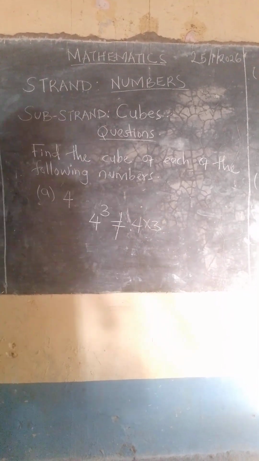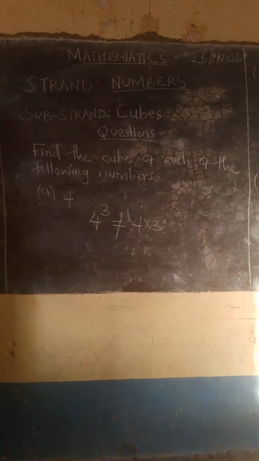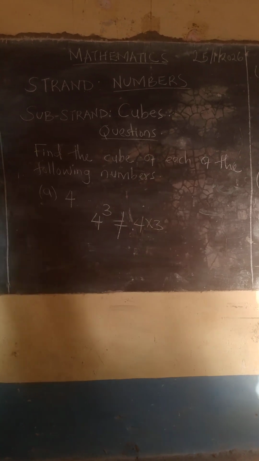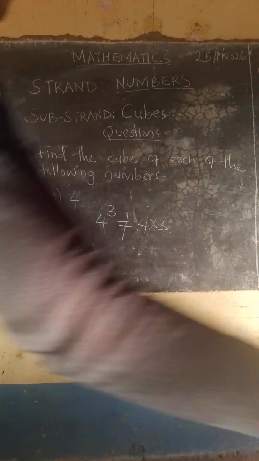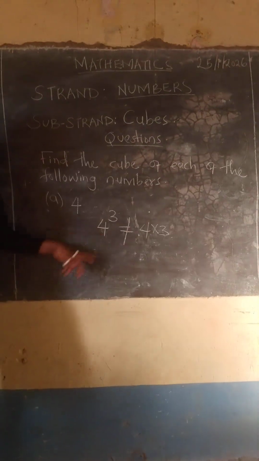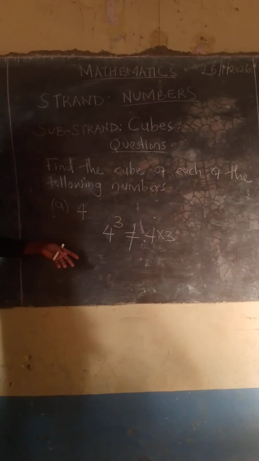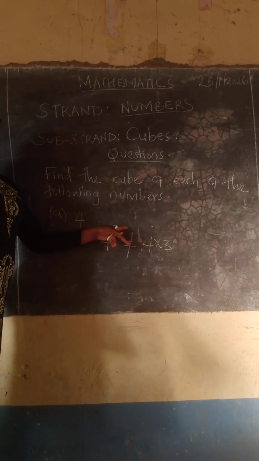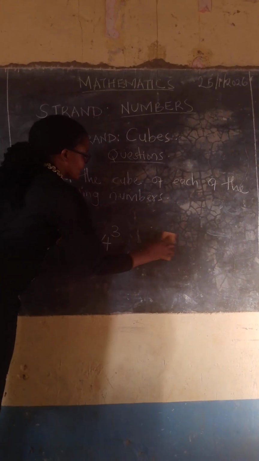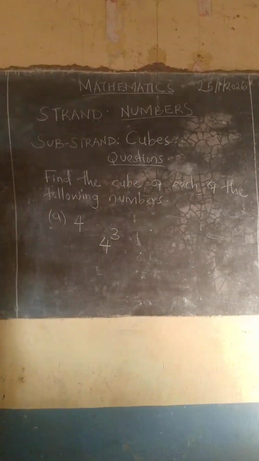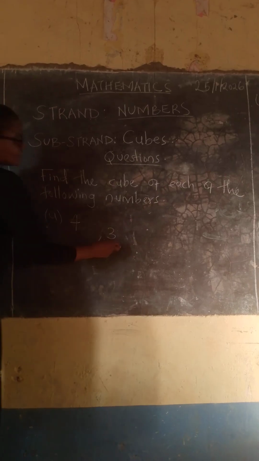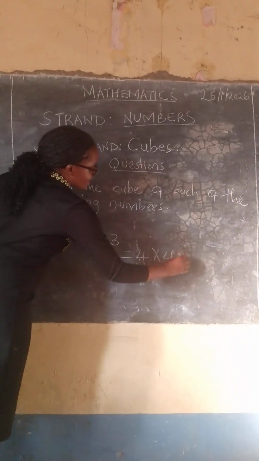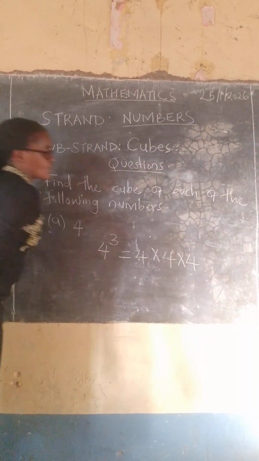This is not correct. And therefore, a cube of a number is not multiplying a number by 3. The same way, square of a number is not multiplying a number by 2. So, let us do the cube of 4, which will be 4 times 4 times 4.